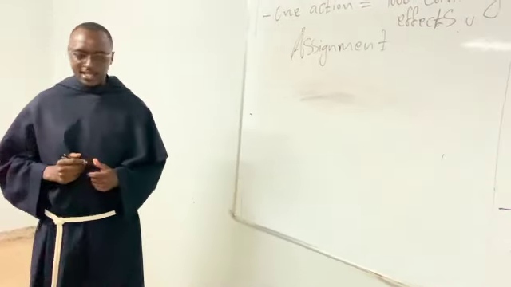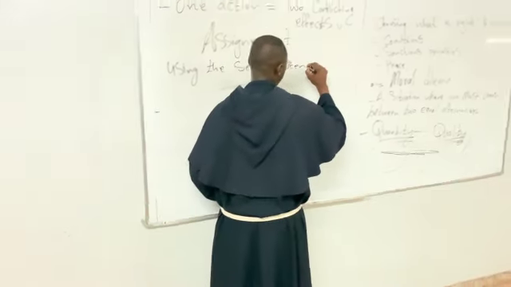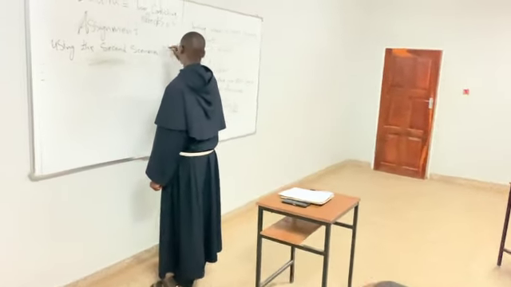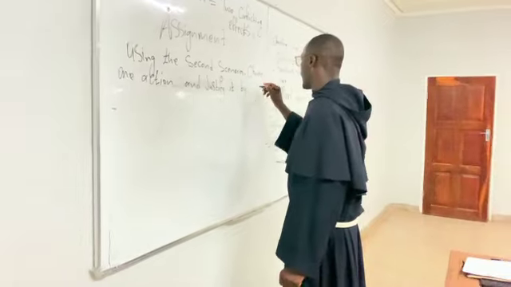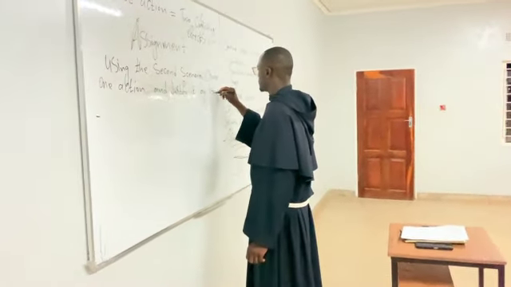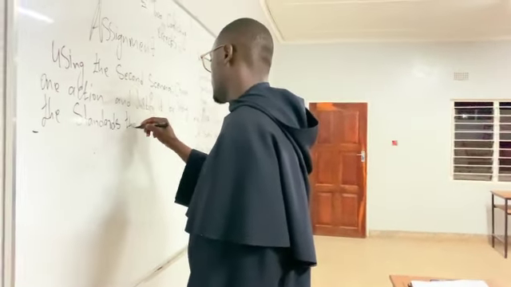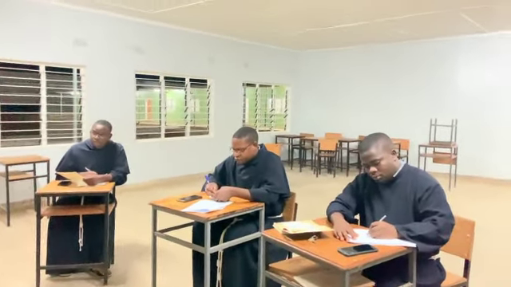So using the scenario that I gave you, choose one action and justify it by listing the standards that determine something as lesser evil.